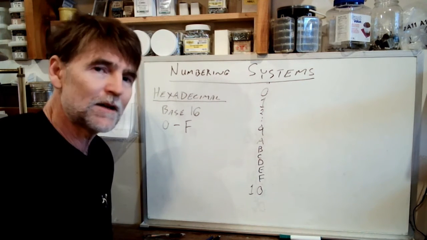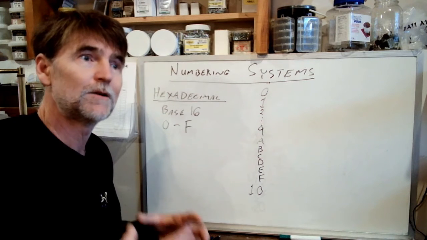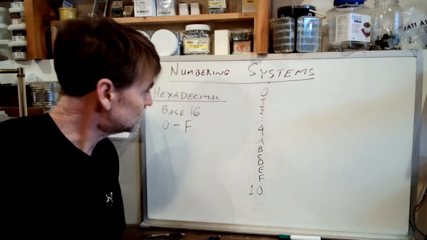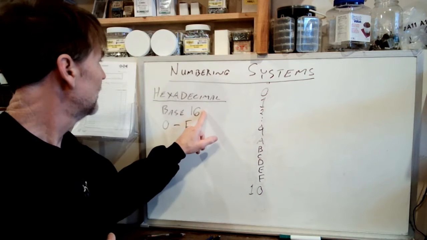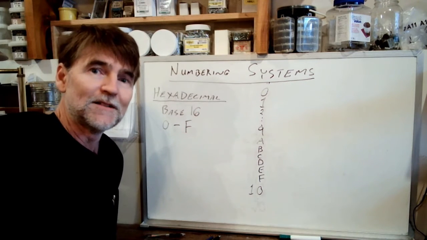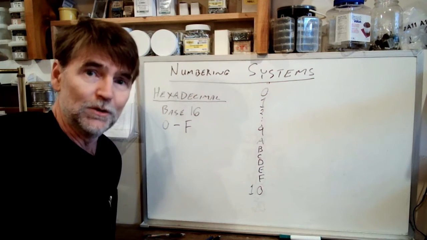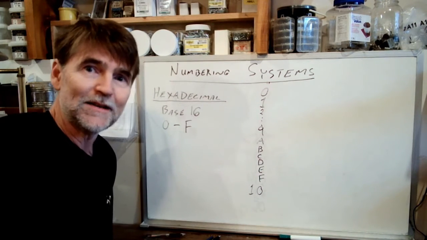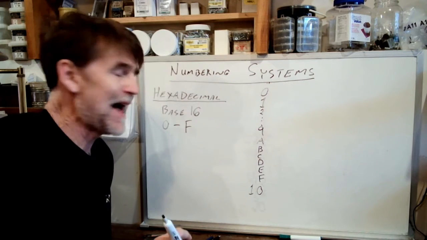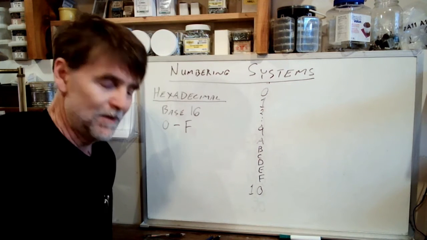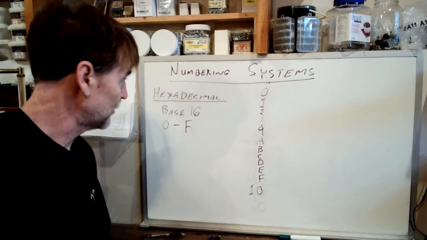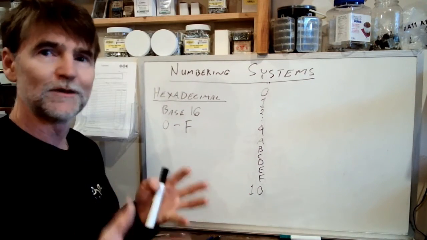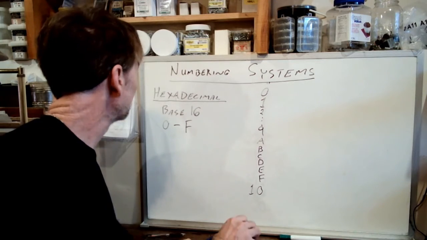So in the computer world, when we try to understand how a computer thinks and keeps track of things, this base 16 has a very real value to it. To understand what that value is, we need to move on to the last numbering system that I want to talk about. There's actually 2 more things we want to talk about. One's a numbering system. The other is more of a translator.